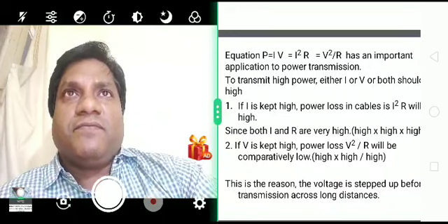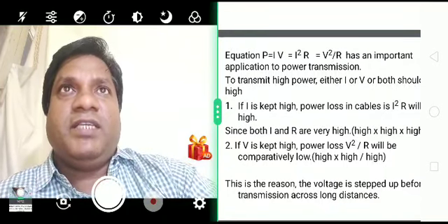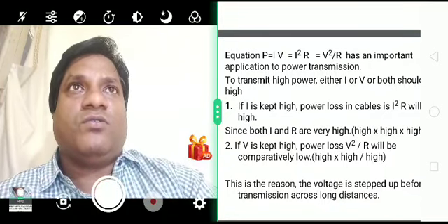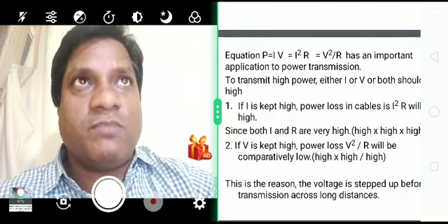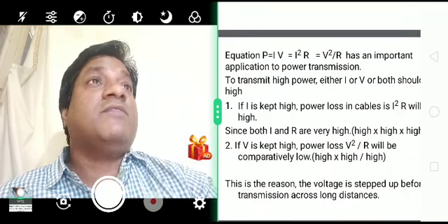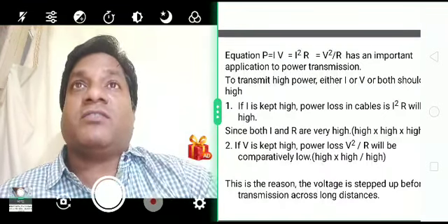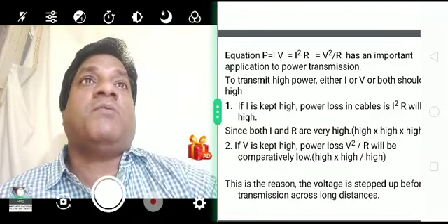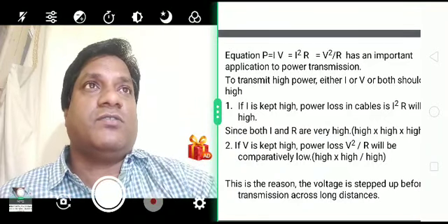The equation of power, that is P is equal to IV or I square R or V square by R, has a very important application in the transmission of power over long distances.